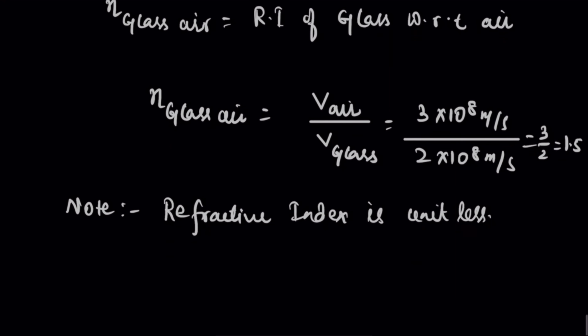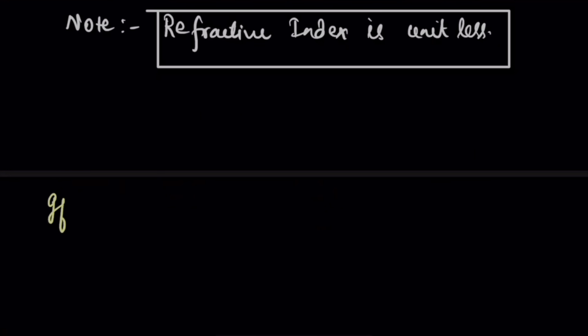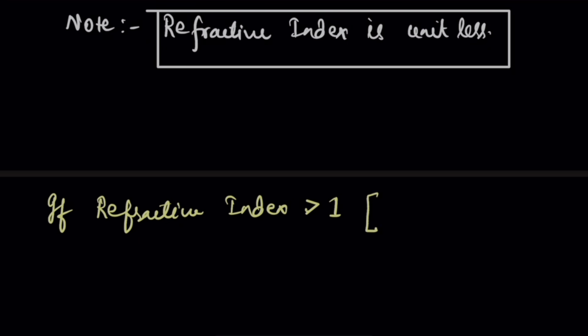Second thing, we can note it down. If refractive index is greater than 1, then the medium is a denser medium.